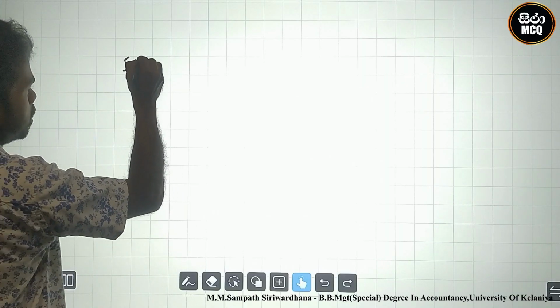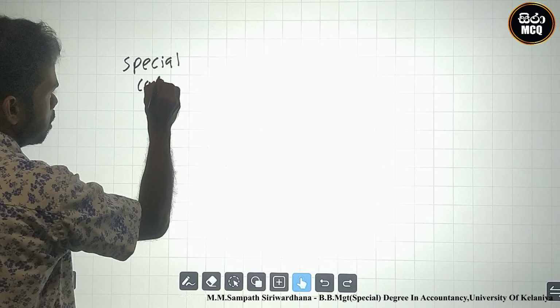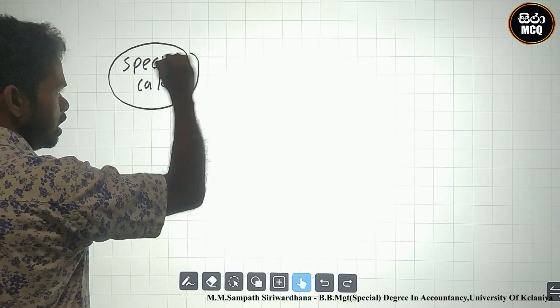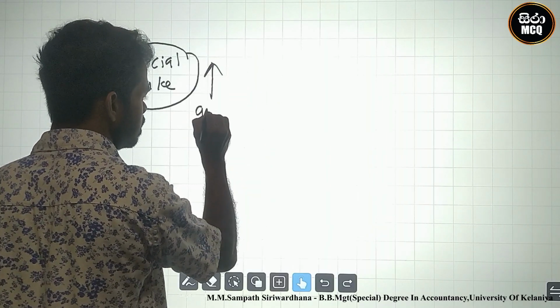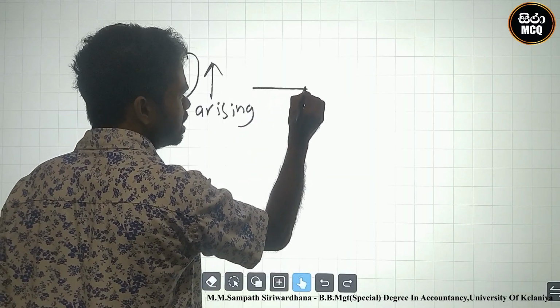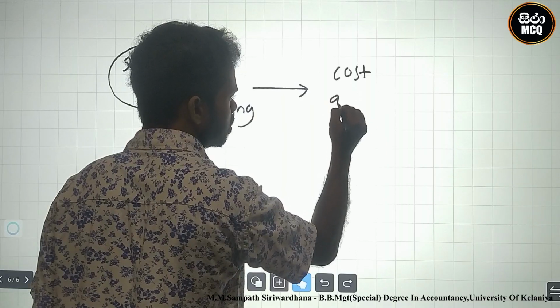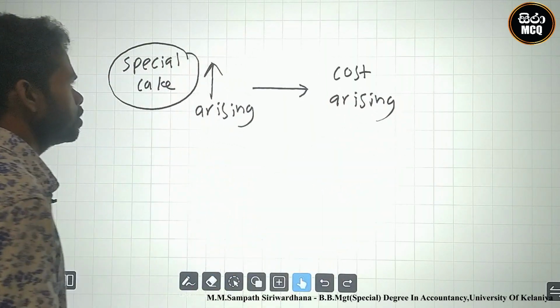This is the special cake. The special cake is arising, and the cost is arising based on this. This is the relevant cost.